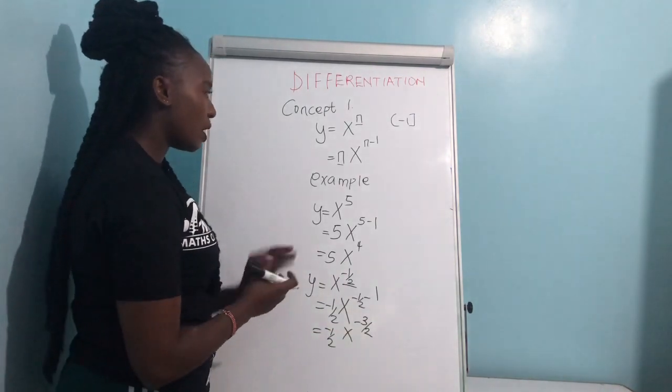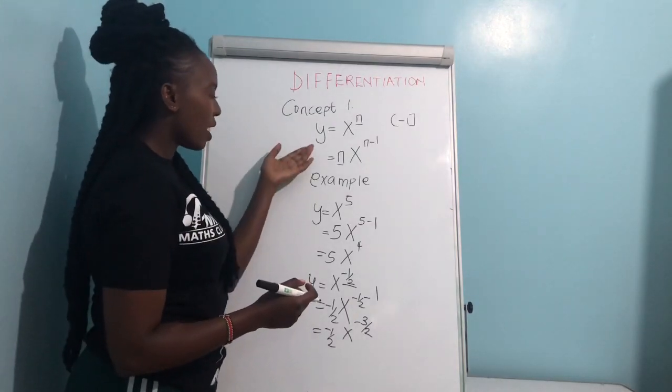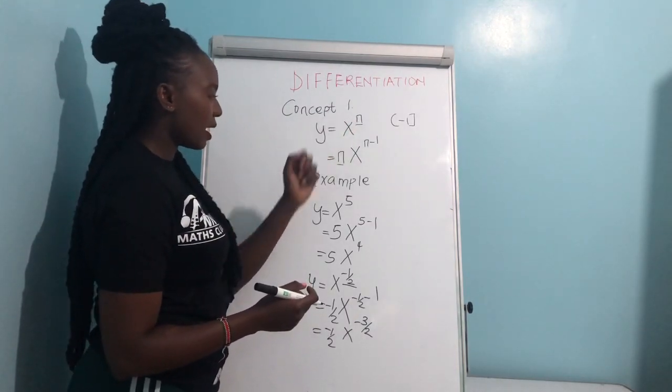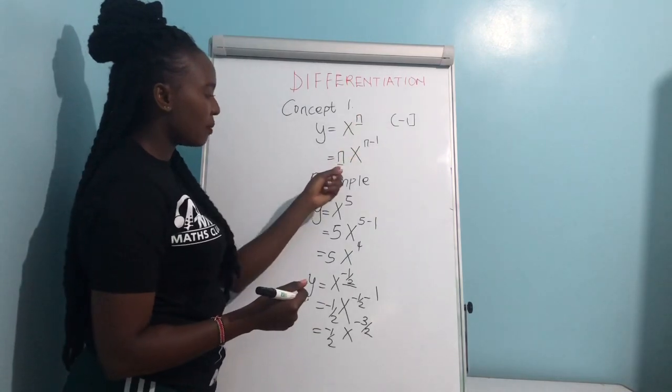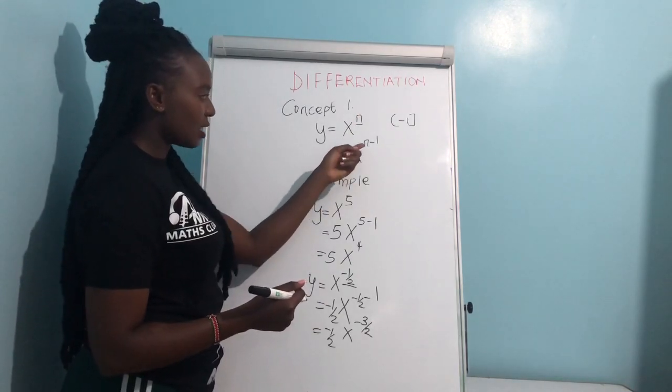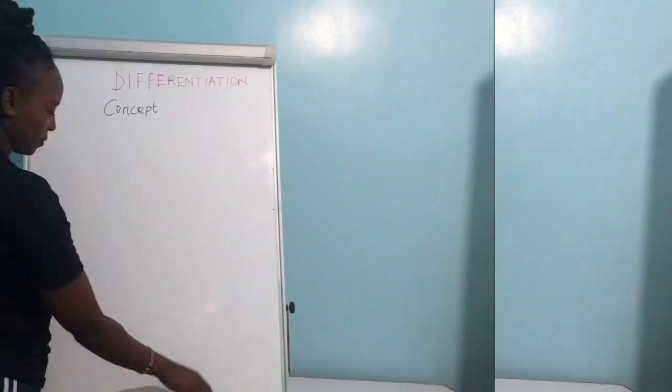What you're supposed to know here, when given y is equal to x raised to a power n, you bring this power before x, then x^(n-1) always.